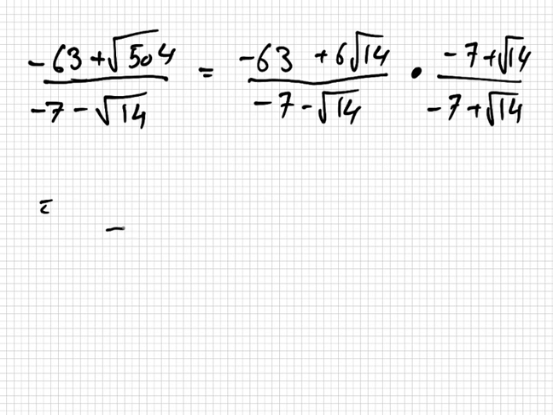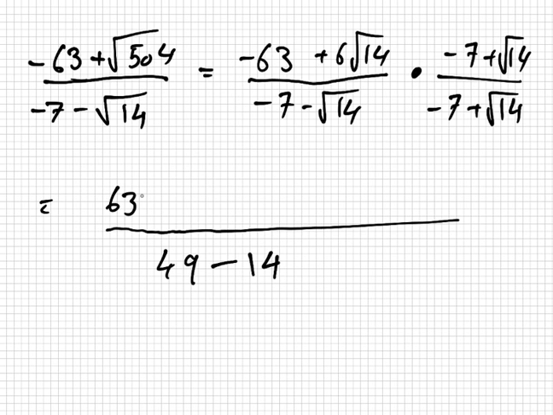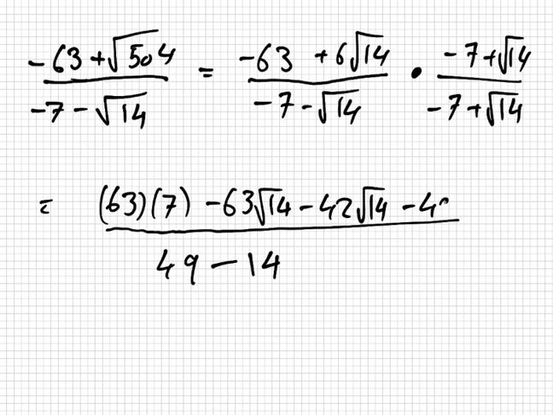So, I'll do it all together. On the bottom, I know I will get 49 minus 14. And then on the top, I will get 63 multiply 7 minus 63 root 14 minus 42 root 14 minus 42 by 14 plus there.